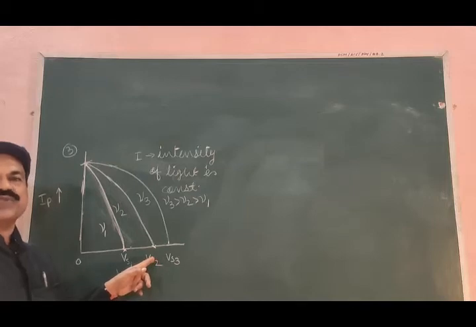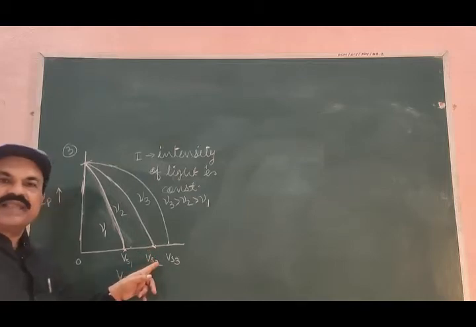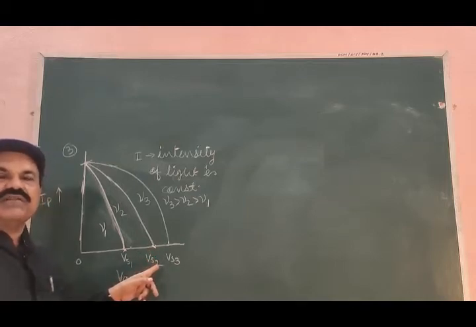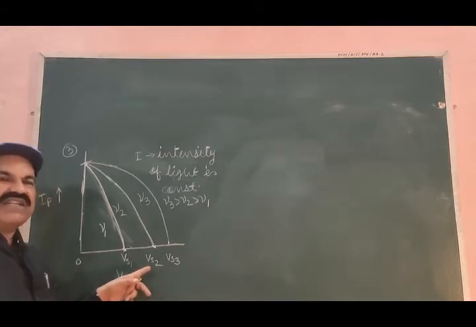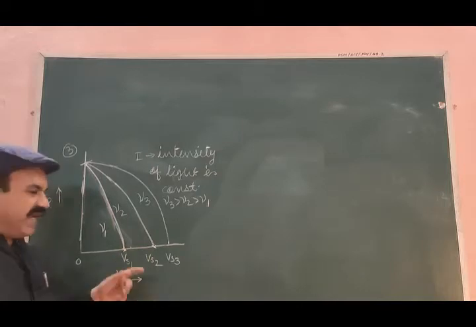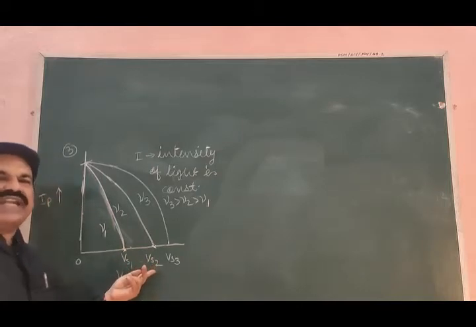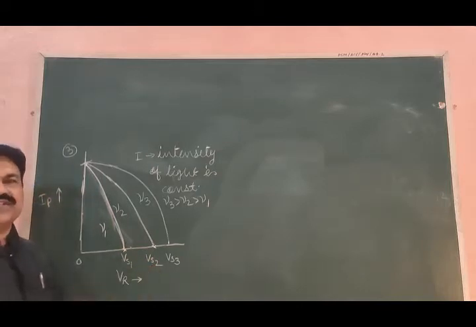This is the retarding potential required to make the current zero through the photocell. And here the value of Vs2 needed is much more than Vs1.